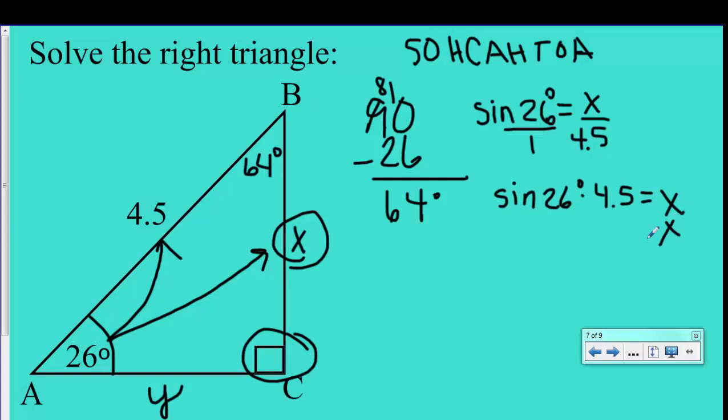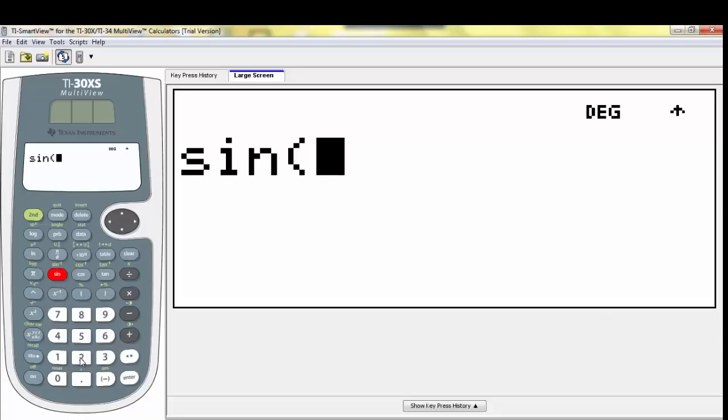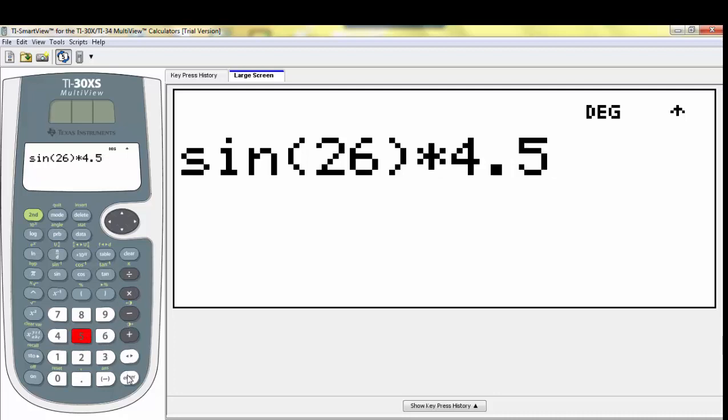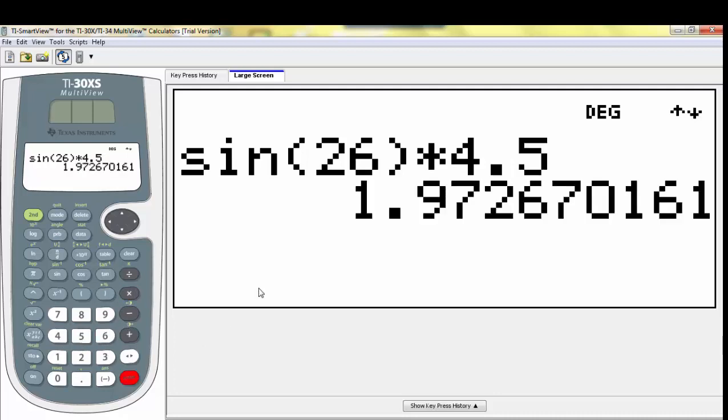We'll go to our calculators and figure out our answer. Our answer is 1.97.